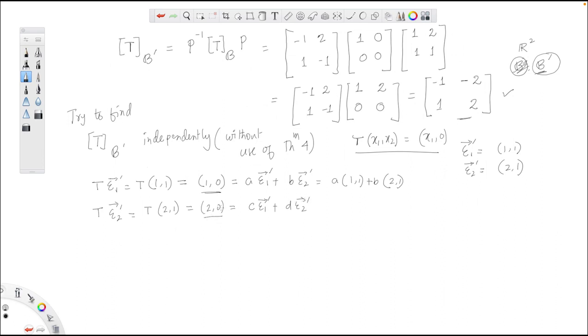I write this as a linear combination of the basis vectors in B prime, and this is going to be C times (1, 1) plus D times (2, 1).